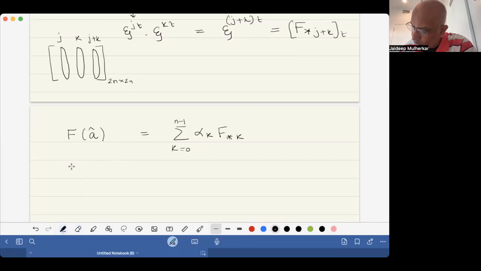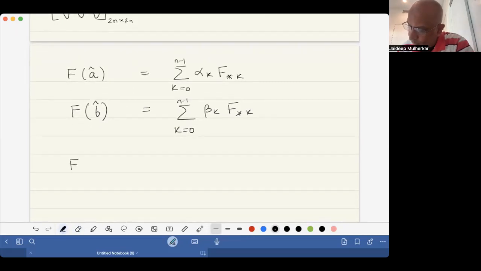All right, then of course we have similarly that f of b hat, the Fourier transform applied to b hat, is the summation k equal to 0 to n minus 1 of beta k f star of k.